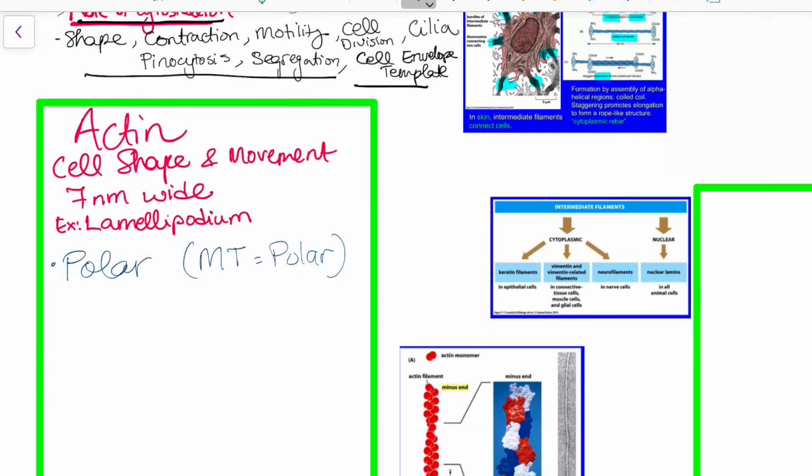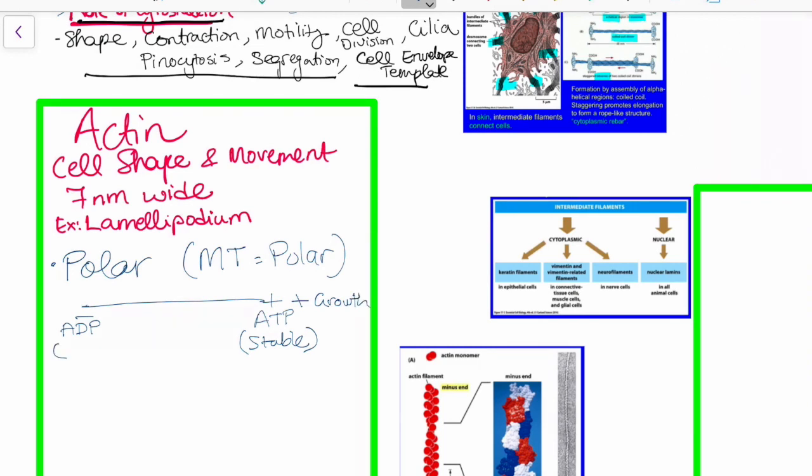So they are polar, meaning you have two ends, a positive end and a negative end. Actin on one end is ATP bound, and on the other side you have ADP. The side that has ATP is more stable, where growth is happening. Basically, it's growing on this side.